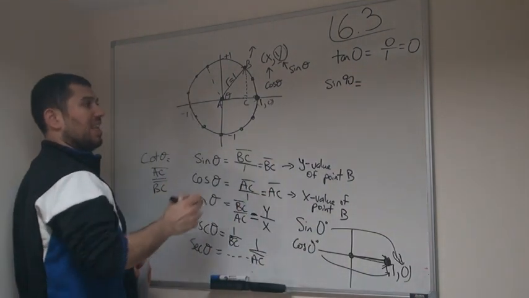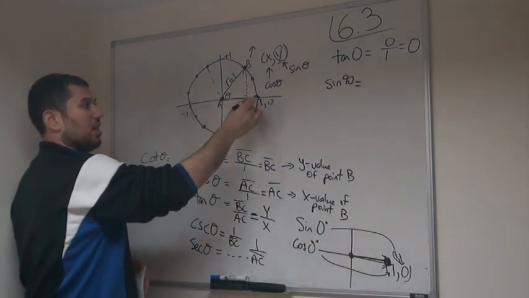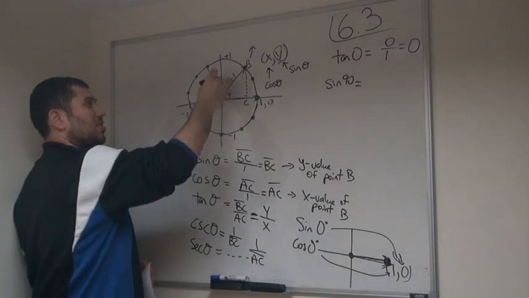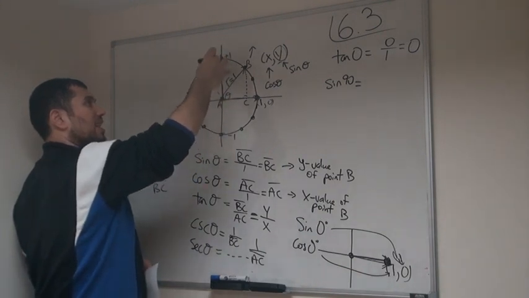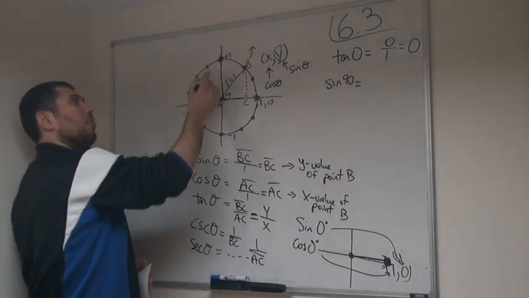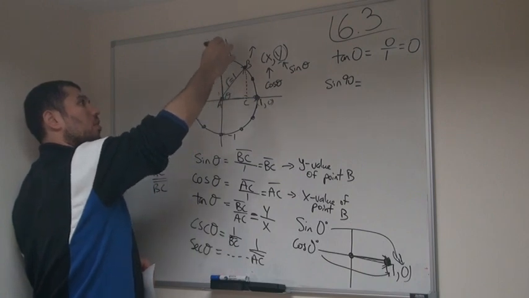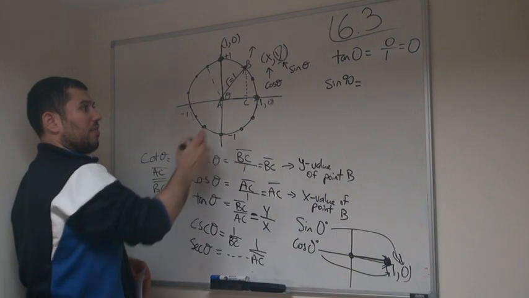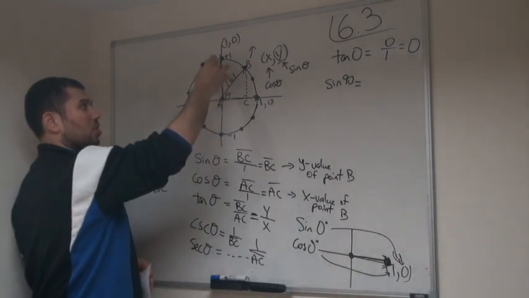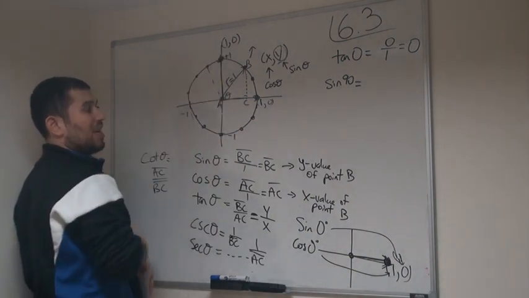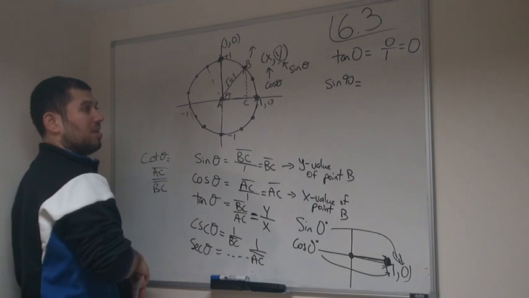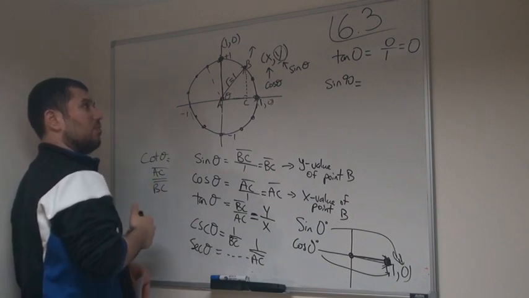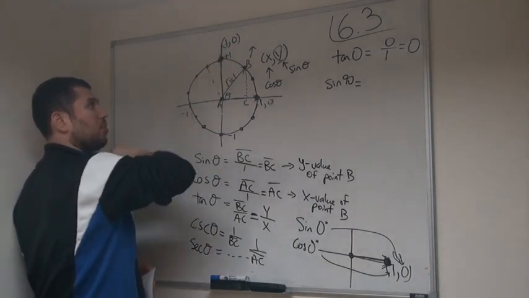Well, for the sine of 90 degrees, the initial side is here again on my xy axis, but now my circle ends right here. The terminal point would be at (1, 0). So what I would look at for a 90 degree angle, since the terminal point is on the unit circle, the sine of 90 would be the y value of this point.